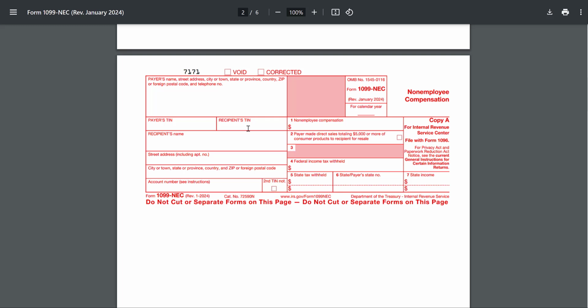If you can't get the recipient's tax identification number, the answer is not to just not file the 1099. The answer is to check this box so the IRS knows this individual at this address, I paid them this amount of money. They're not letting me properly report it to you. I'm going to mark this box.